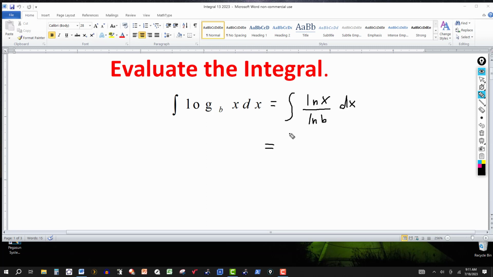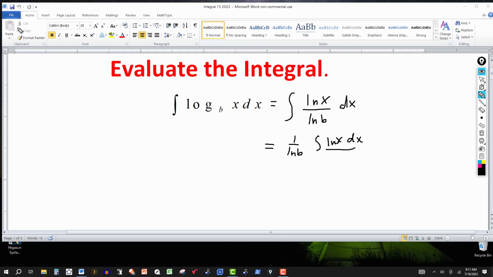Now I'm going to factor out 1 over ln of b. That's a constant, so I can bring it outside the integral. And that just leaves me with ln of x. Then we can use integration by parts to evaluate this integral.